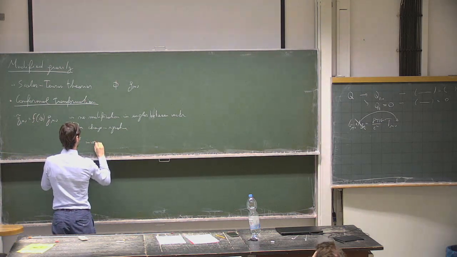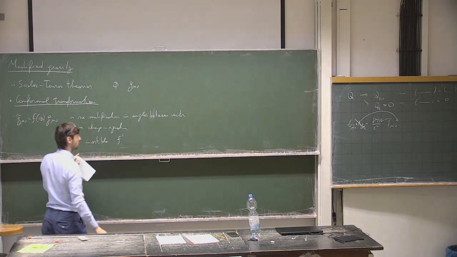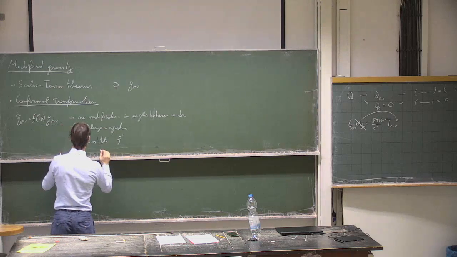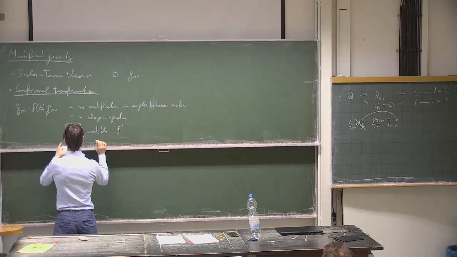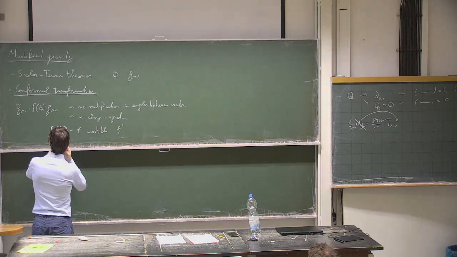F invertible, okay, so the inverse should always be a real number. Good.